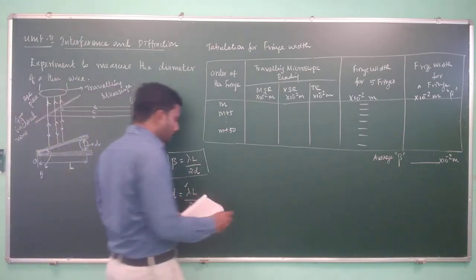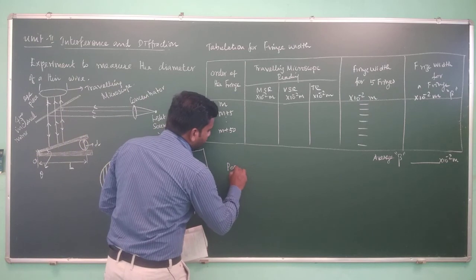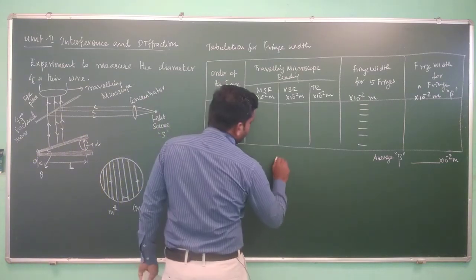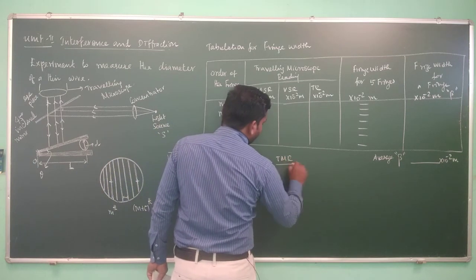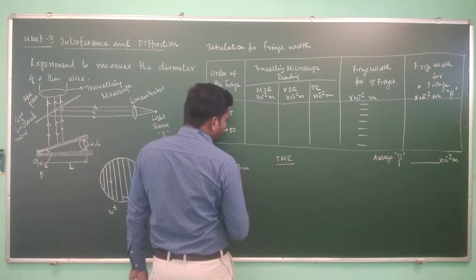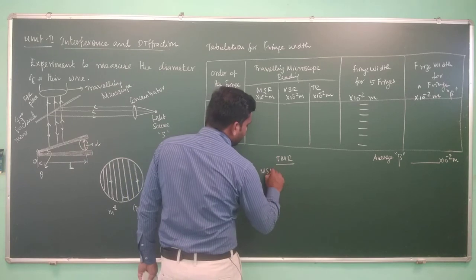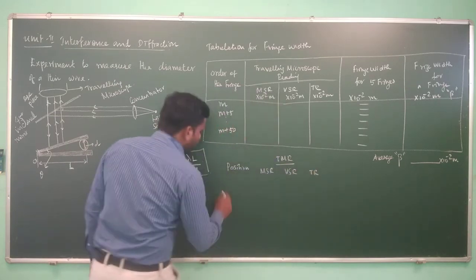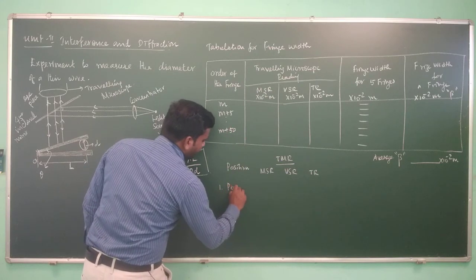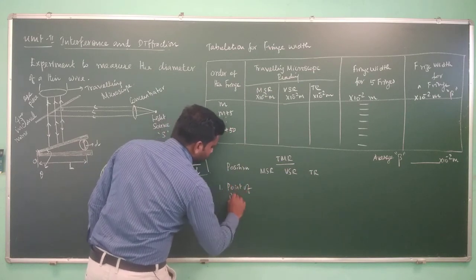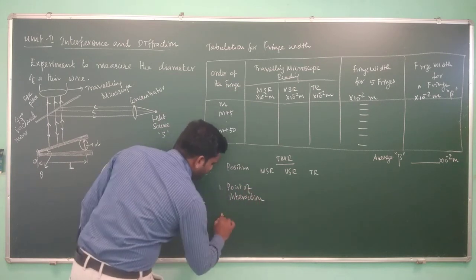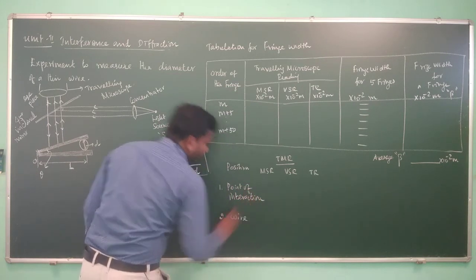How do we do that? We have to take the traveling microscope reading in two positions. The traveling microscope reading will give you the main scale reading, vernier scale reading, and total reading. First is the position of the point of intersection, and second is the position at the wire, right?